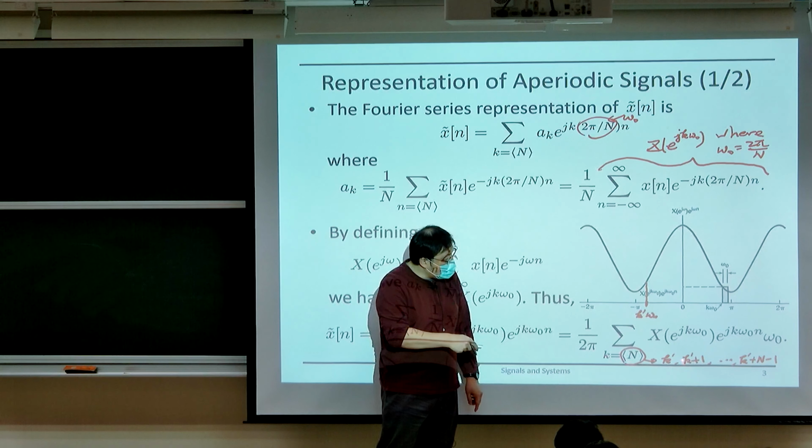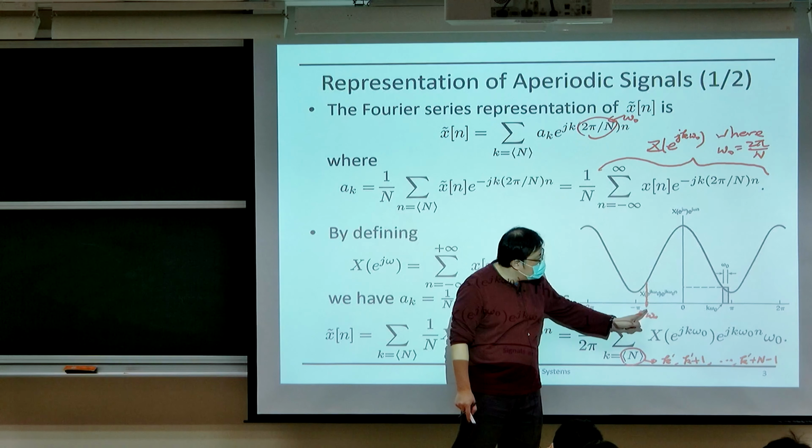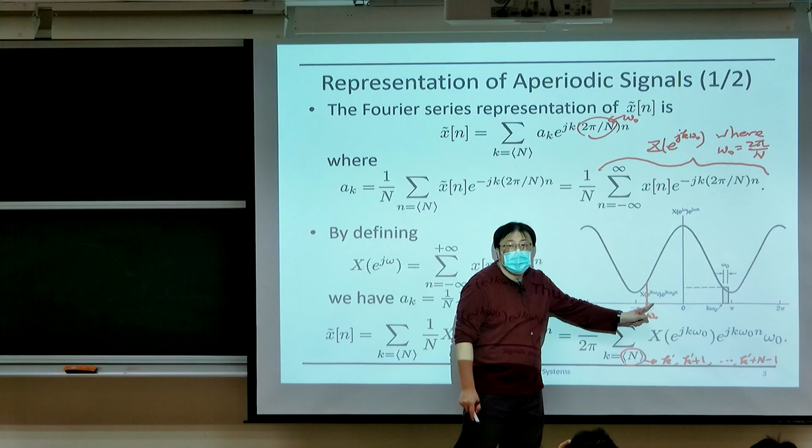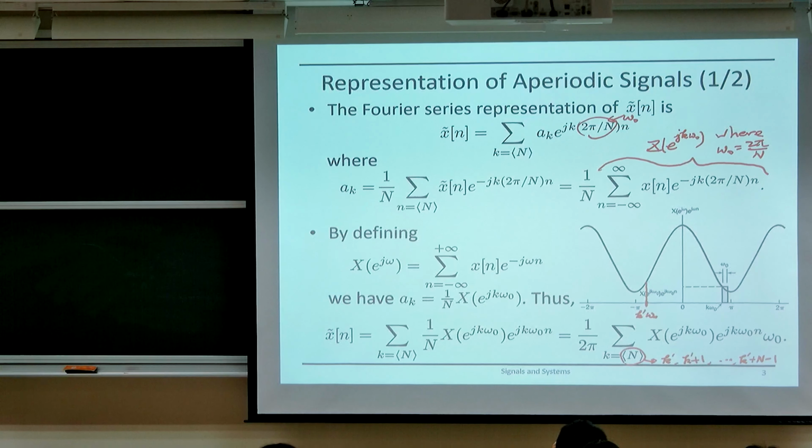Now when k is k prime plus 1, then we sample again, distance omega naught later. So suppose we take another sample here at k prime plus 1 omega naught.